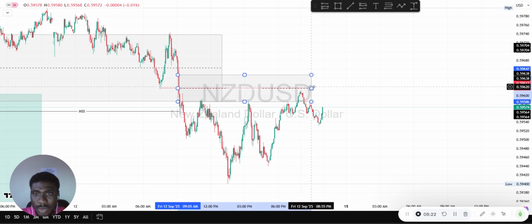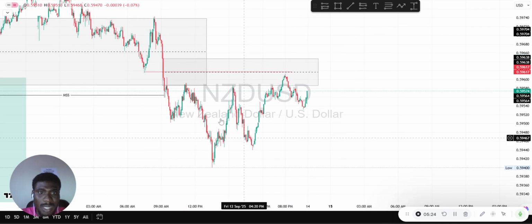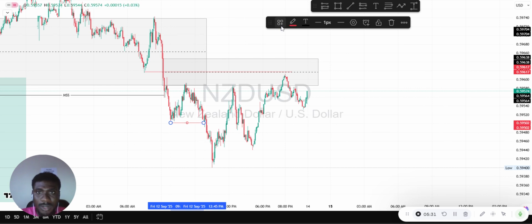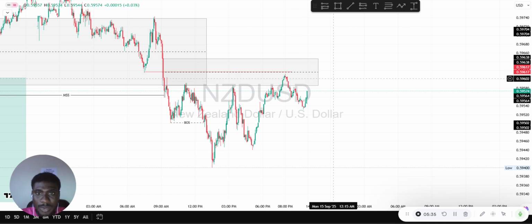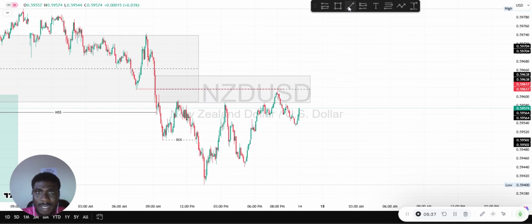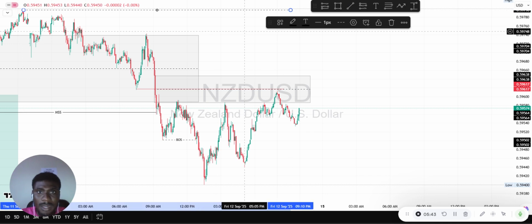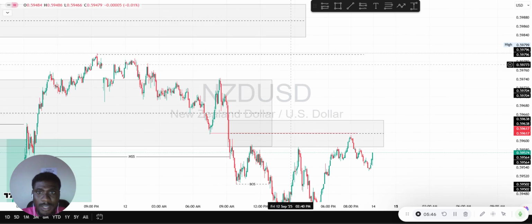So what to be looking for is sells to the downside, because from the overall trend, this is already a break of structure to the downside. We are also looking at price not taking out this overall higher high, this point.